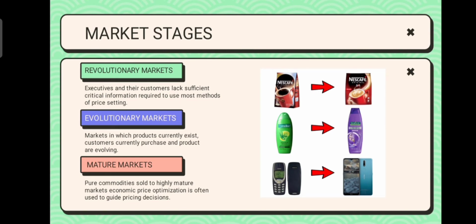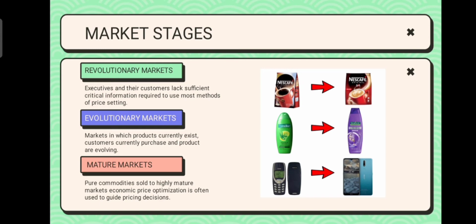Second, evolutionary markets. Markets in which products currently exist, customers currently purchase, and products are evolving. Customers have experience with the product category. They can conceptualize potential variations on those products. From the word itself, evolving, the products continue to evolve or improve, and the customer is aware of the product categories.